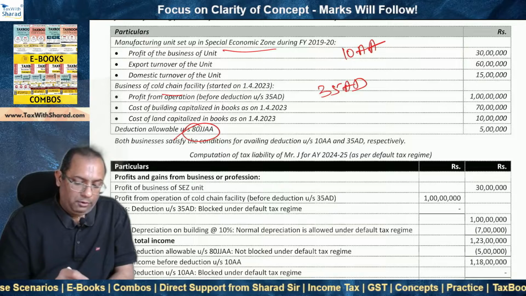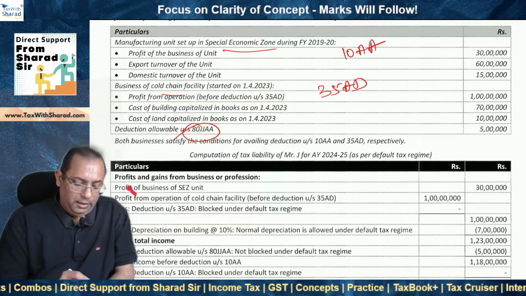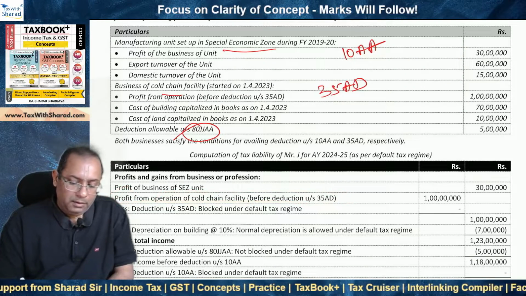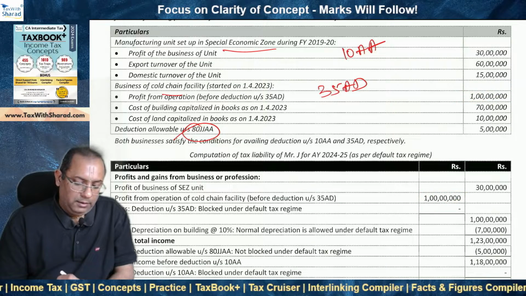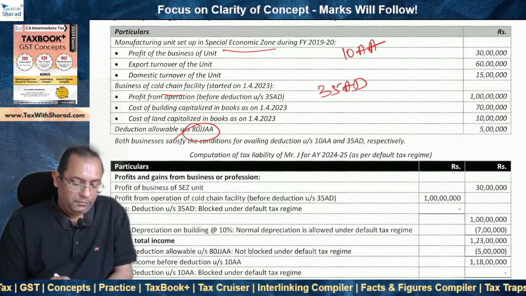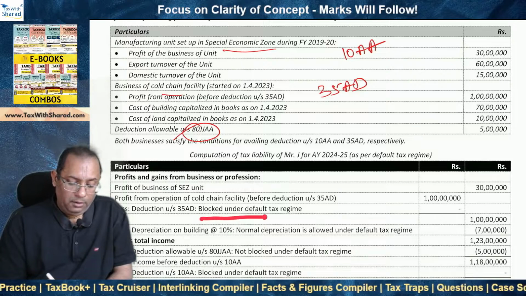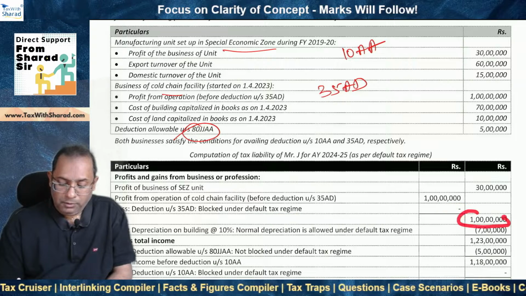Then we write profits from operations from cold chain facility before 35 AD deduction is 1 crore. So we write 1 crore here, less deduction under section 35 AD. But 35 AD is blocked under the default tax regime. So we write blocked under default tax regime, and then we don't give any deduction. The balance is 1 crore rupees.